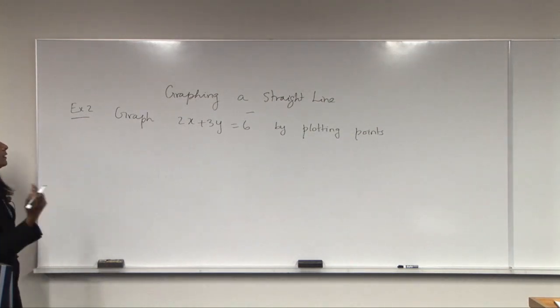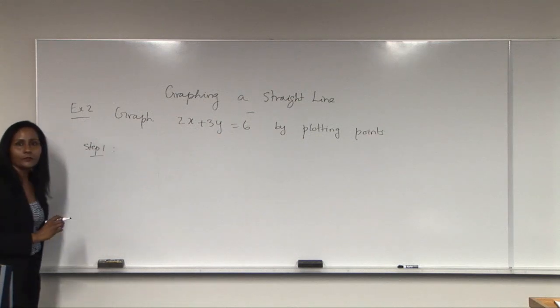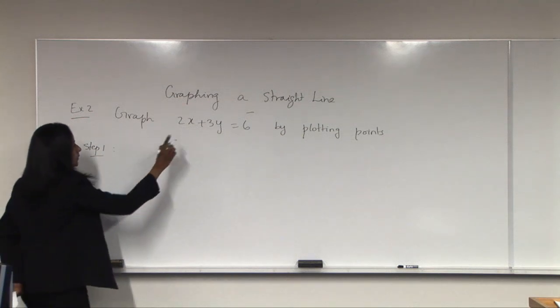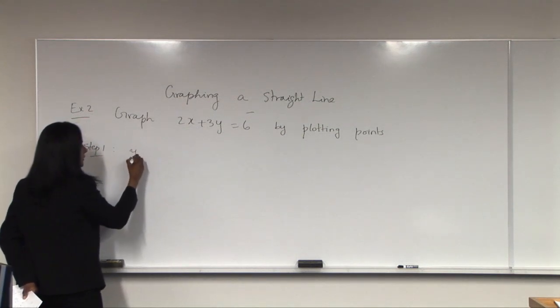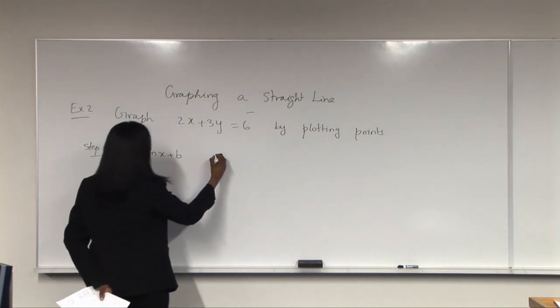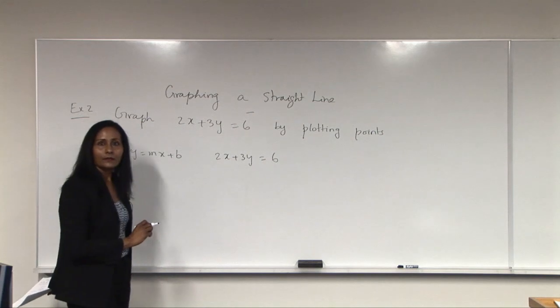So what is step number 1? Step number 1 is you have to write it in the form y is equal to mx plus b. So let's write it in the form y is equal to mx plus b. So here the equation is 2x plus 3y is equal to 6.